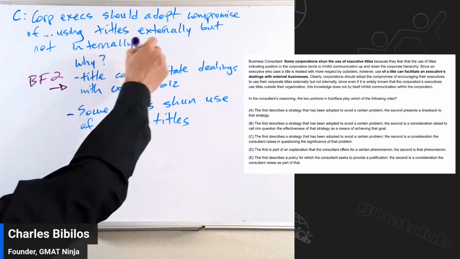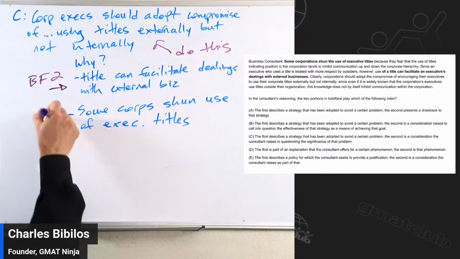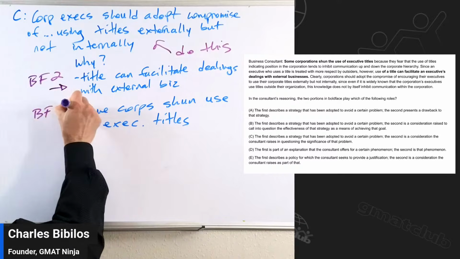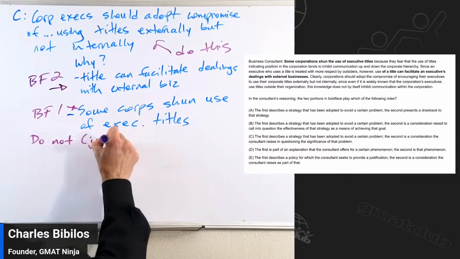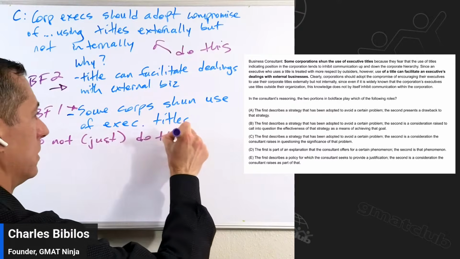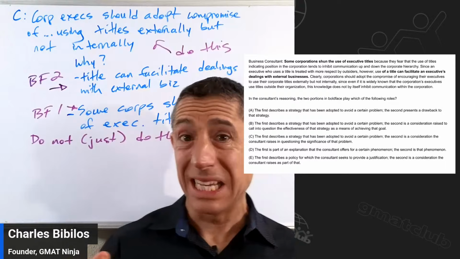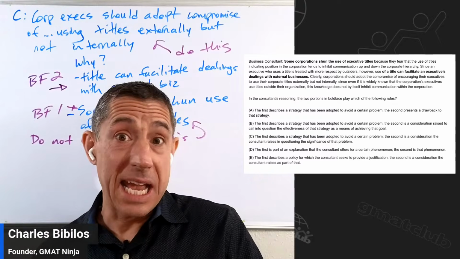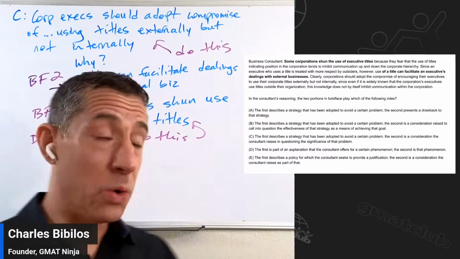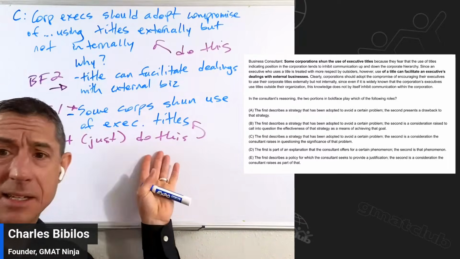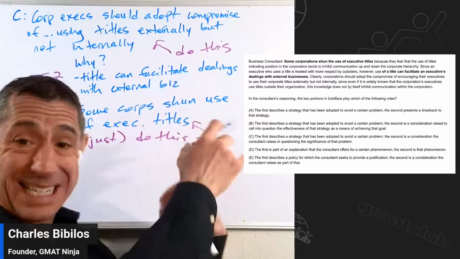So if what we're saying here is do this, so this boldface 1 here, don't just do this, right? So shun the use of titles completely. No, I mean, the argument's basically saying, hey, have the compromise, externally use the titles, internally you don't shun them completely. And then there's evidence, so there's support for this idea in the argument, right?